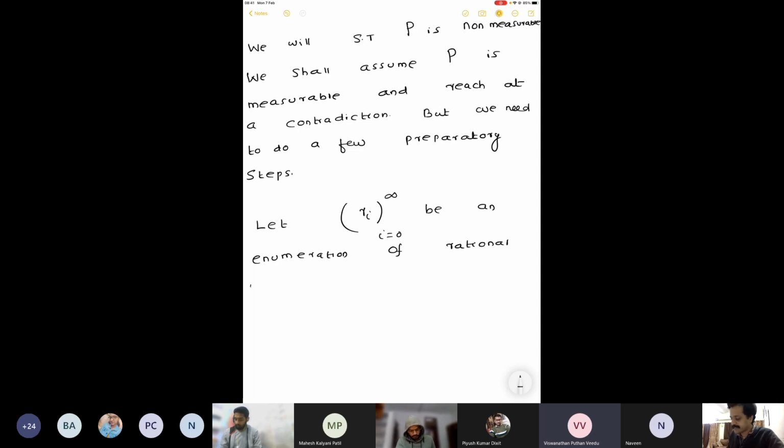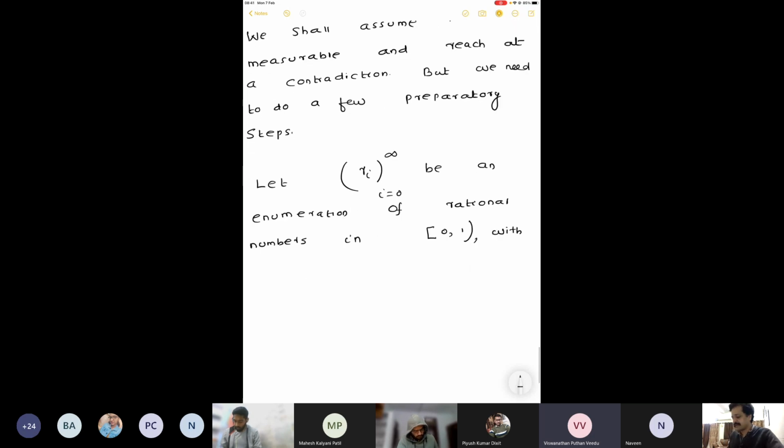You know that the set of rational numbers is countable, so you can arrange it as a sequence. Not all rational numbers, only those in the interval [0, 1). I will put r_0 as 0, and the remaining rational numbers are listed as r_1, r_2, r_3, and so on. Is that clear?